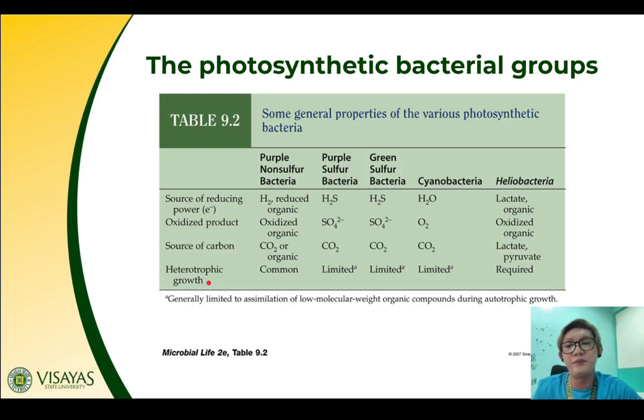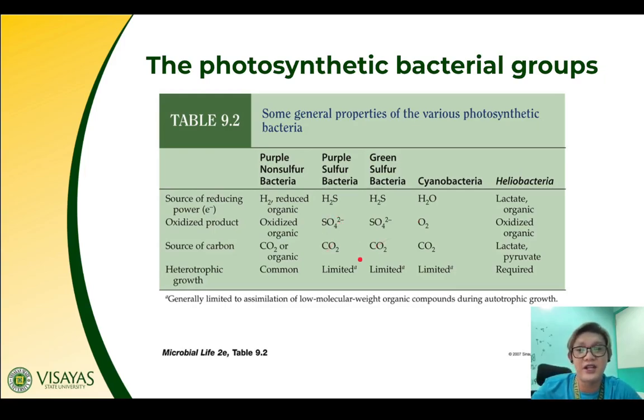Purple non-sulfur bacteria use H2 and reduced organic compounds as source of reducing power. They produce oxidized organic compounds as oxidized product, use carbon dioxide or organic compounds as source of carbon, and it is common for them to have heterotrophic growth as well. Purple sulfur bacteria and green sulfur bacteria both use H2S as source of electrons.